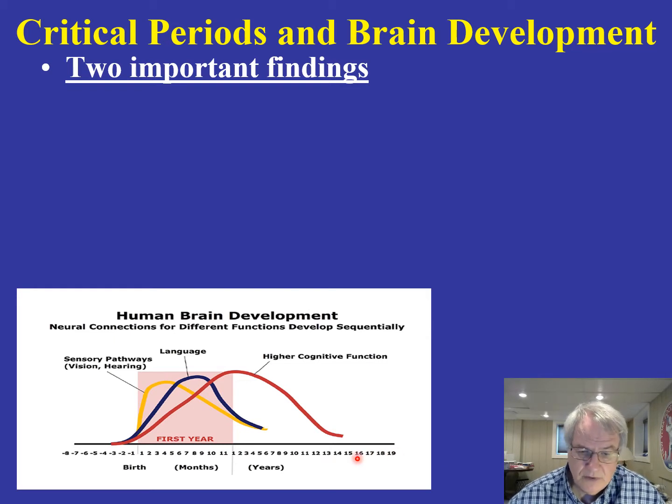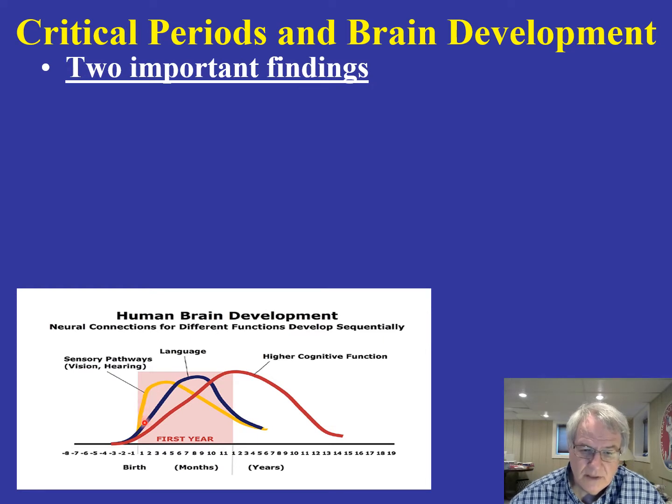When we look at the pathways that are important for processing of sensory information, vision and hearing, for example, those pathways are being laid down very early in life. Take a look at when this is beginning. It's beginning during the later months of fetal life, and then extending into the first year of life.